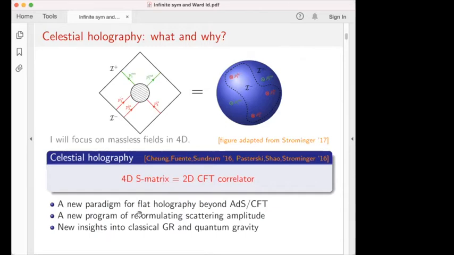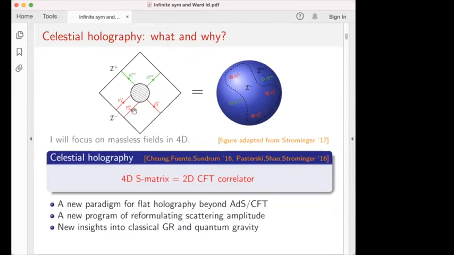In the traditional framework of studying scattering amplitudes, we need to keep track of the evolution of these particles from the past to the future. However, the S matrix itself is defined as a map from past null infinity to future null infinity. So it's natural to wonder, do we have a holographic way of computing this S matrix without going to the bulk? And indeed, this is possible.